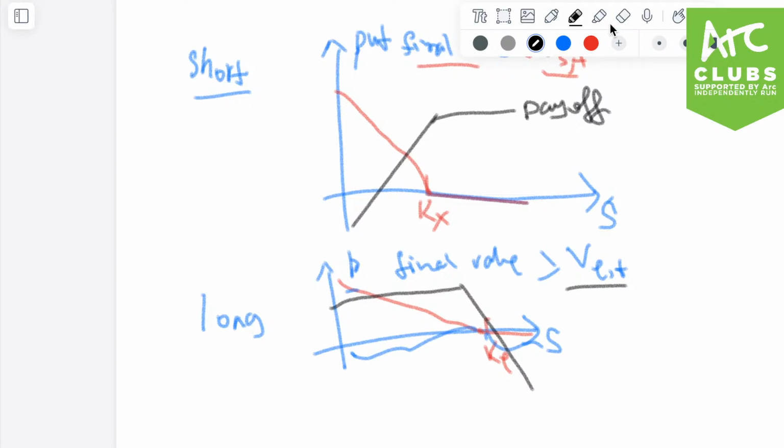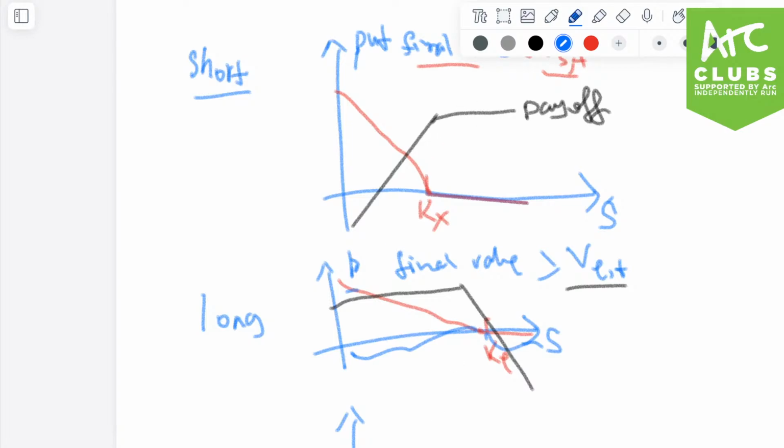And if we combine them together, we should get something like this. Obviously our KX is smaller, and our KL is here, and this is S, right? At the beginning, my short position is losing money, but my long position is making money.